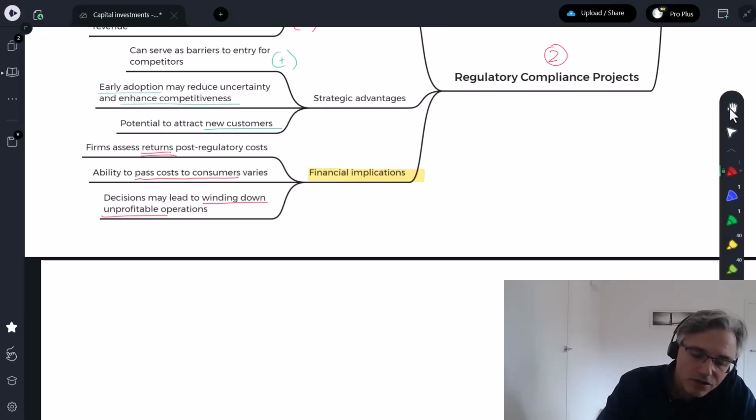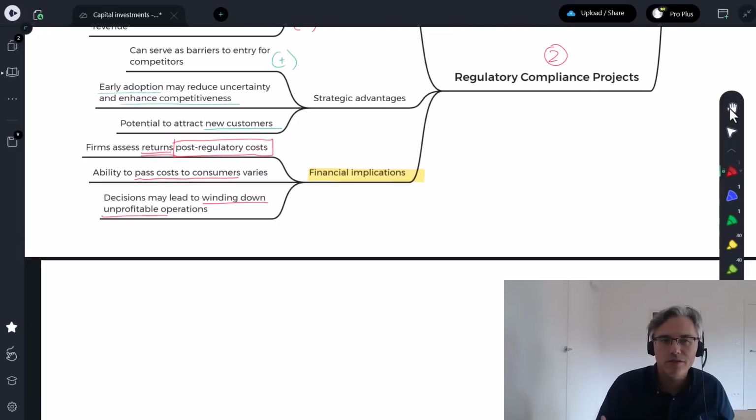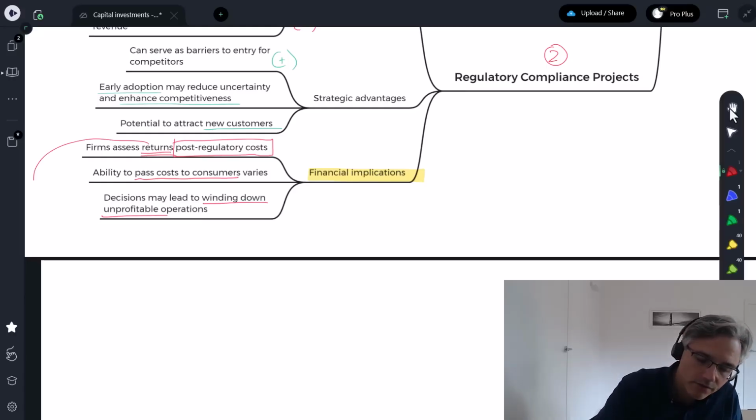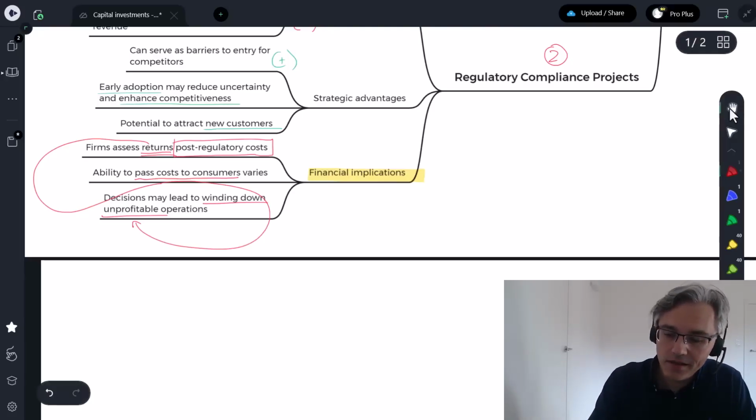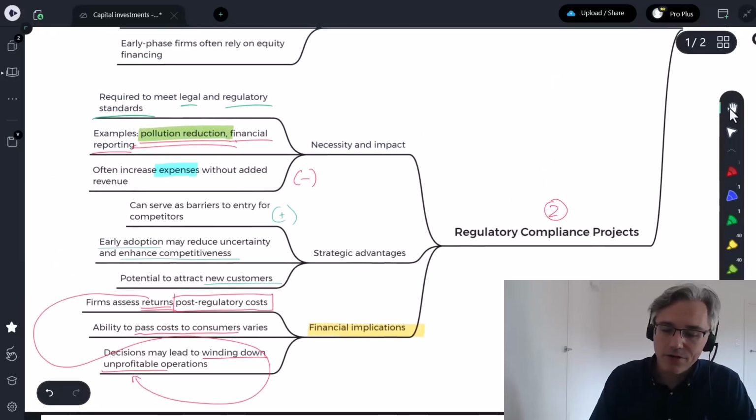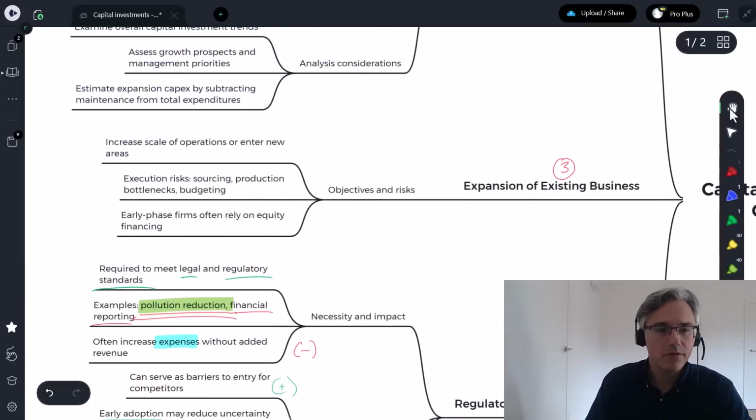So the returns of a company, the profitability of a line of business, are always assessed on a post-regulatory cost basis. You have to factor them in because they are unavoidable. And if those returns prove to be below zero, then there's no real sense in carrying on doing that thing, whatever it may be.